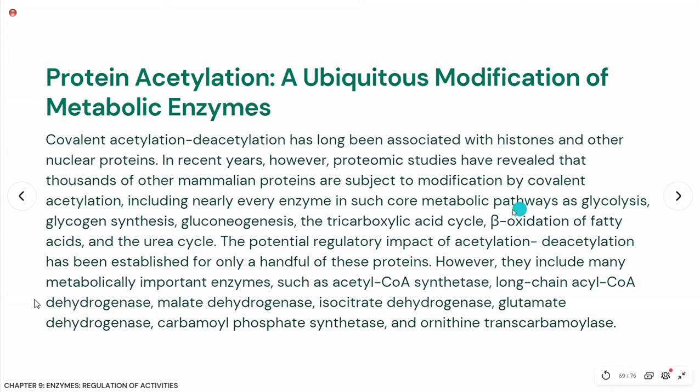So this is involved in glycolysis, metabolic pathways, no? Glycolysis, glycogen synthesis, gluconeogenesis, the tricarboxylic acid cycle, beta oxidation of fatty acids, and the urea cycle. You can see plenty of acetylation.